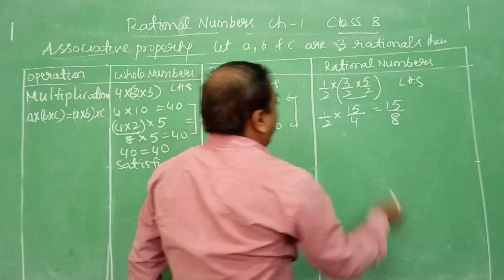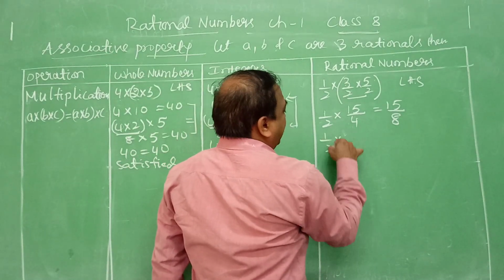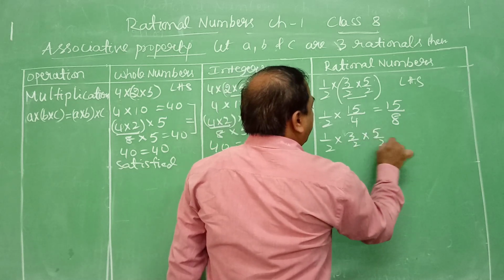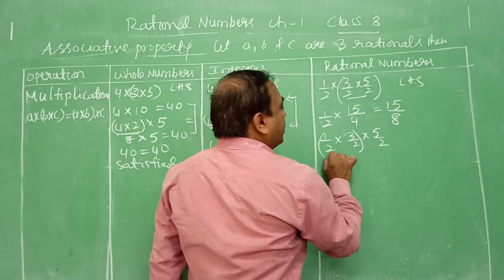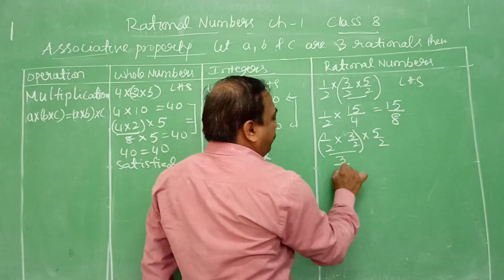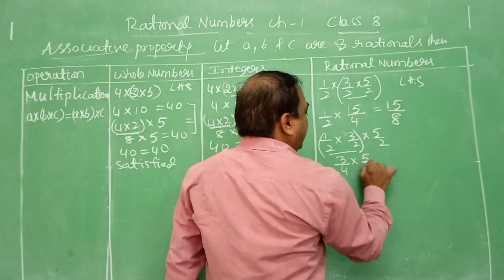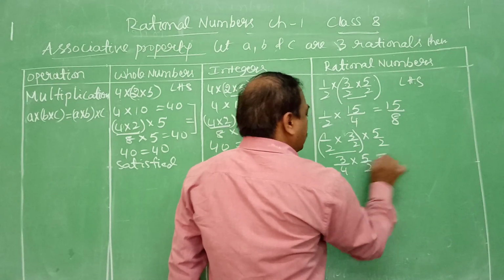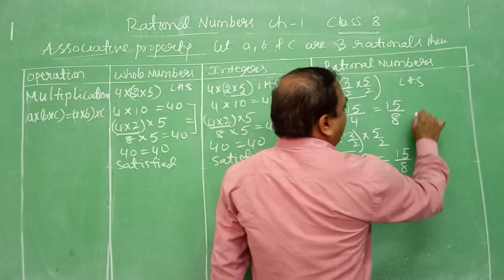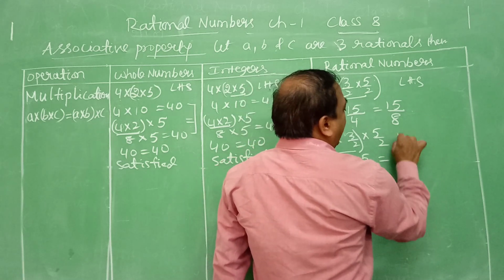Now RHS part, 1 by 2 into 3 by 2 into 5 by 2. So bracket for these two, first we multiply these two, 1 into 3 by 4 into 5 by 2. This is 5. So 3 5s are 15, 4 2s are 8. So here this is LHS and this is RHS.